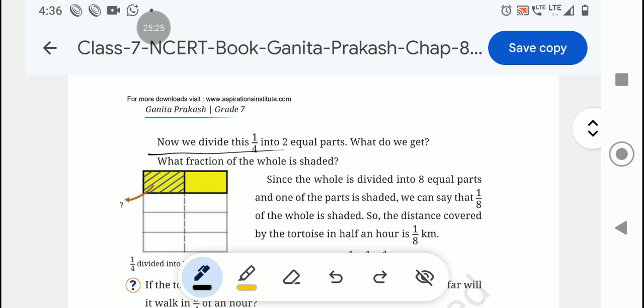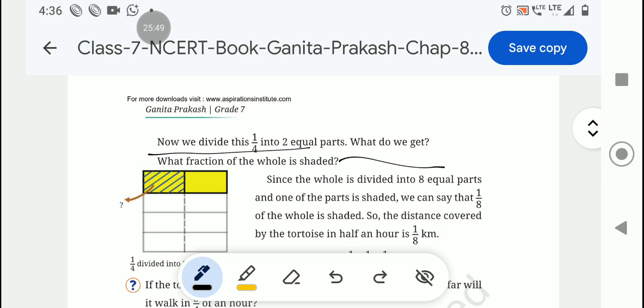Now we divide this 1 by 4 into 2 equal parts. What do we get? What fraction of the whole is shaded? Since the whole is divided into 8 equal parts and one of the parts is shaded, we can say that 1 by 8 of the whole is shaded.